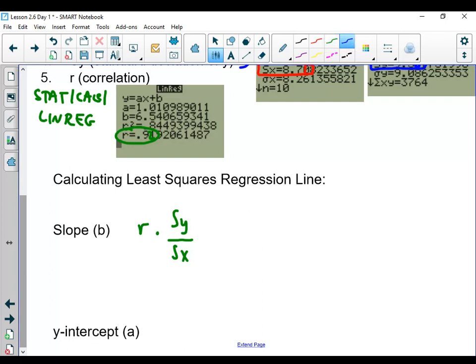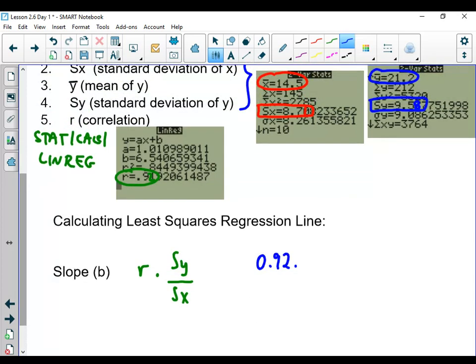So for our problem here, we said the R value was 0.92. I'm going to multiply that by the standard deviation of Y, which in our problem was 9.58. And then I'm going to divide it by the standard deviation of X, which in our problem was 8.71.